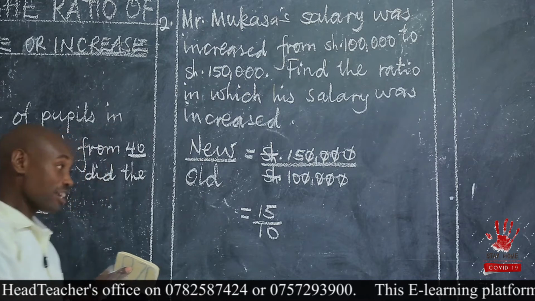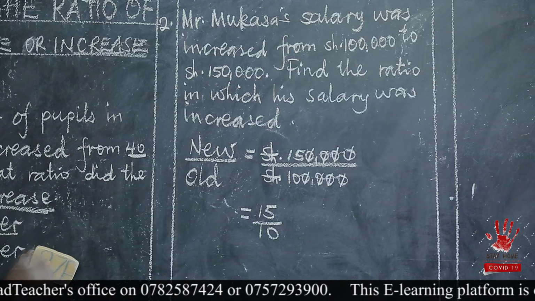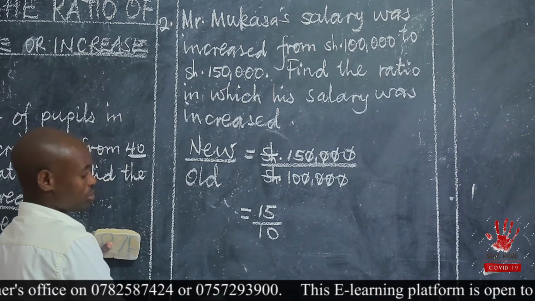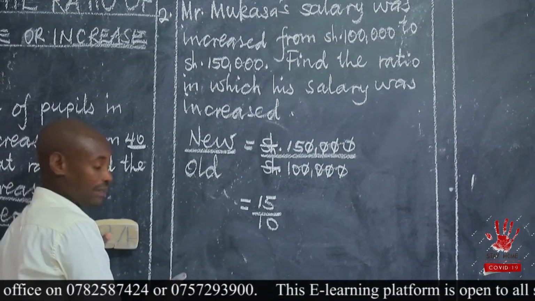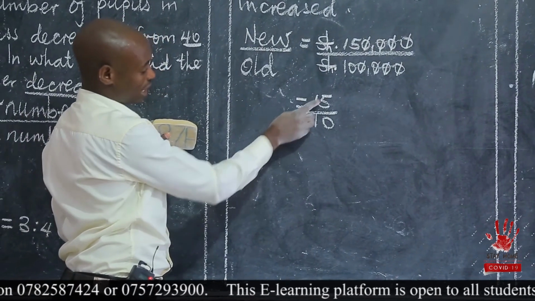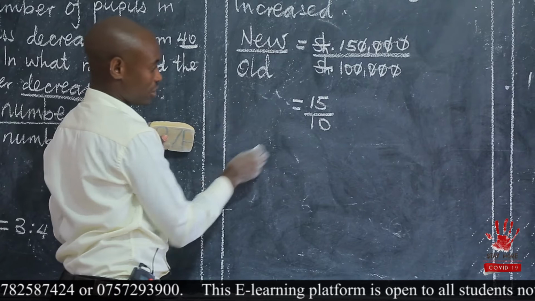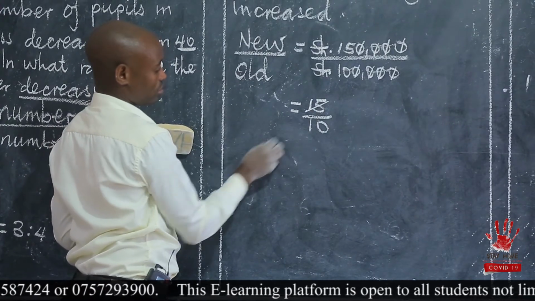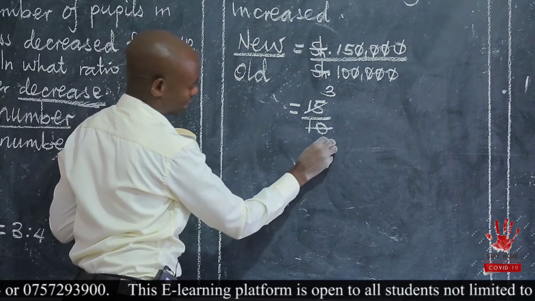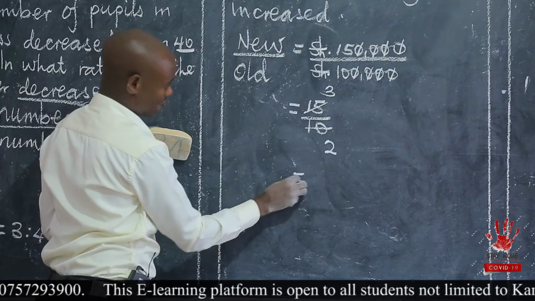Okay? A ratio should be in its simplest form. So do we have any common factor which can reduce 15 and 10? Yes. Which number is that? 5. So we can reduce this fraction by 5. So when we reduce by 5, we get 3. When we reduce by 5, we get a 2. So what are we getting?